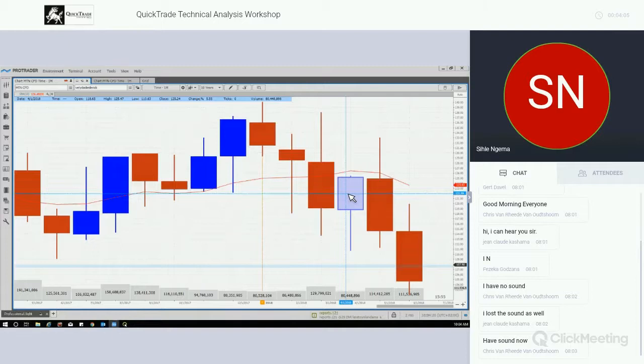MTN tried to push up. It ended the month of April positive, up 5.5%, and during the month of May we were down 8.3%, and in June we were down 8.66%.